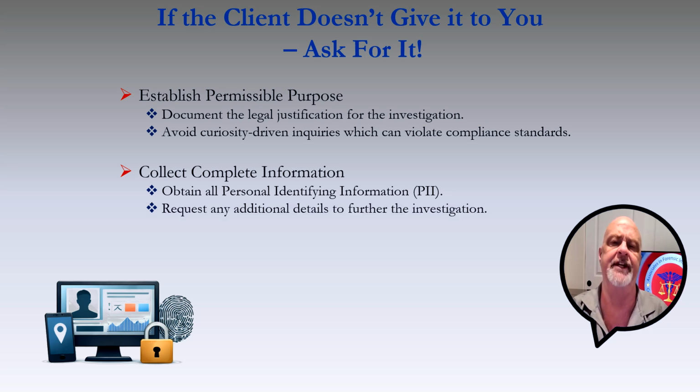And then you need to use all this to also document the legal justifications you have for conducting this investigation, this records check, or whatever it is you're doing. And then you need to make sure that you avoid the curiosity type investigations. That's our policy, and the policy of a lot of people.